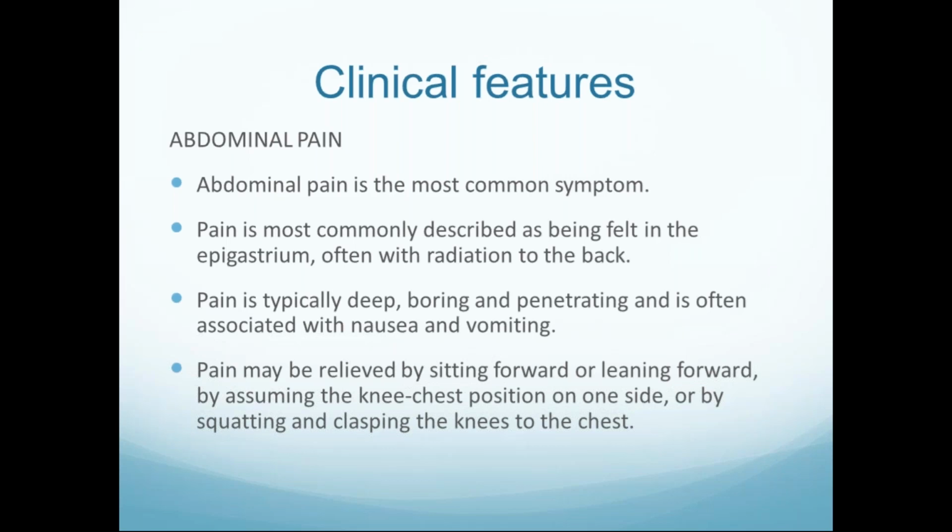So the more the pain, the more the suffocating, and it causes the patient to feel nauseated and vomit. Pain may be relieved by sitting forward or leaning forward, that is in the knee chest position. The patient will stay in the knee chest position so that he will have lesser pain.